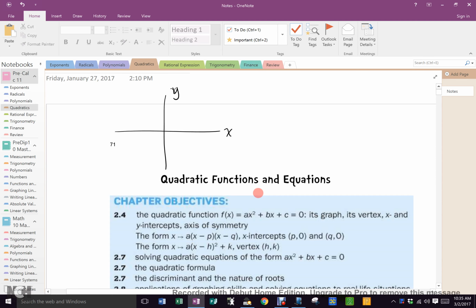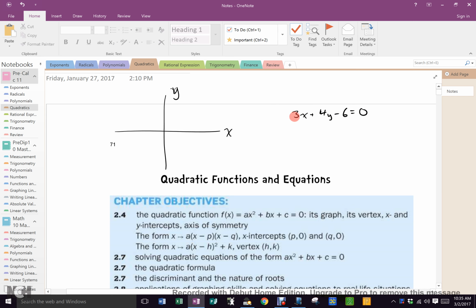You all learned how to take an equation, trying to think of a grade 10 question. 3x plus 4y minus 6 equals 0.